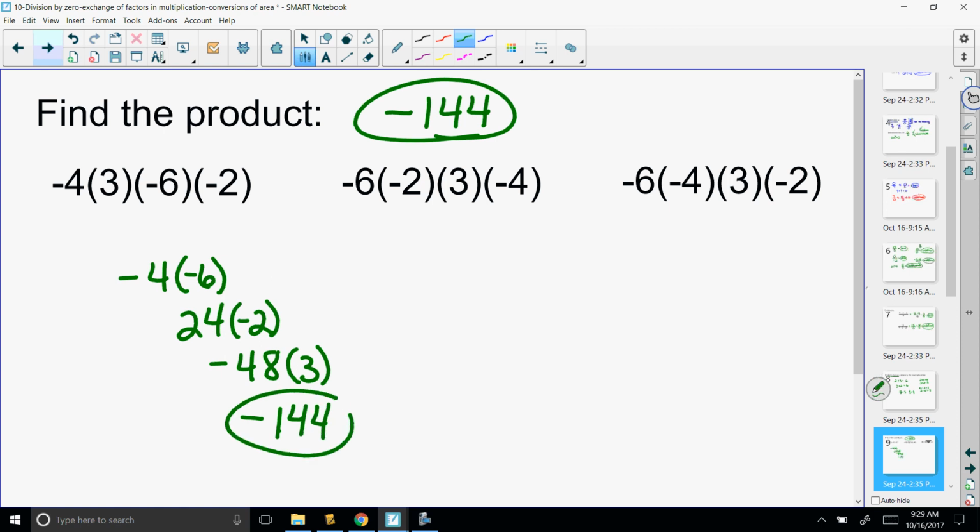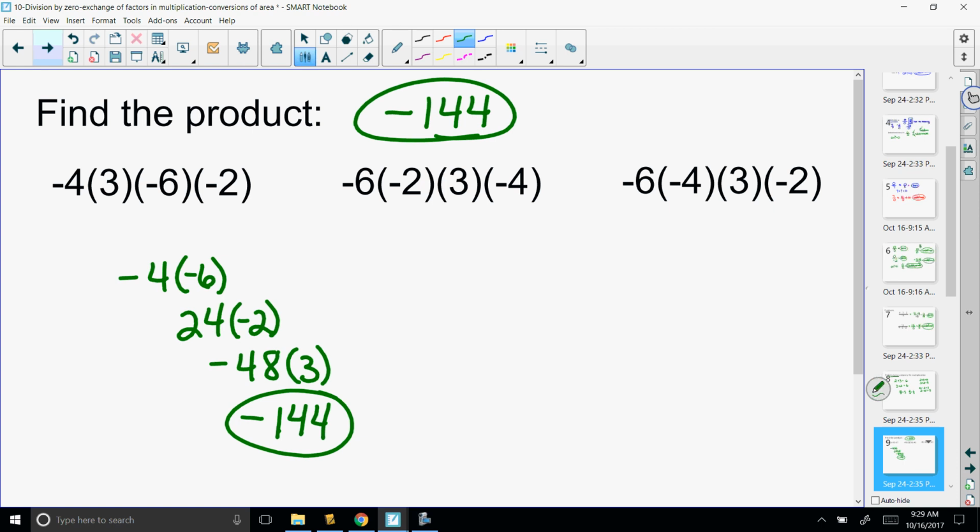Now, as you go through this, you have to remember what is a negative times a positive, what is a negative times a negative. Did somebody else use a different method? Did you multiply the numbers together in a different order? Straight across? I'll show you this method probably here in just a minute.